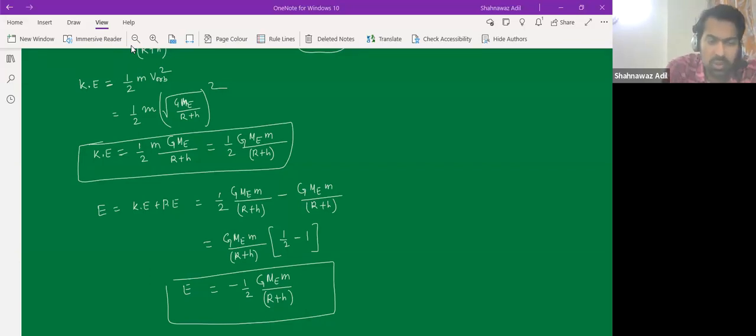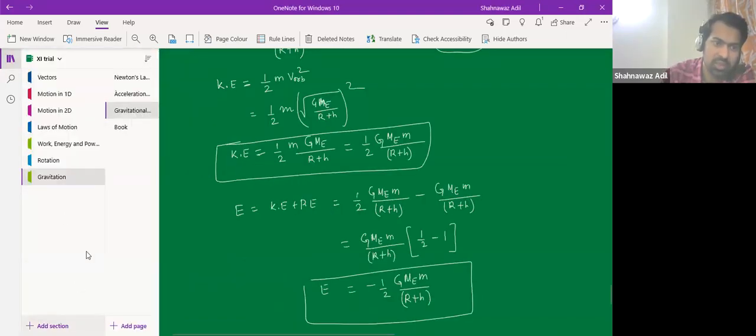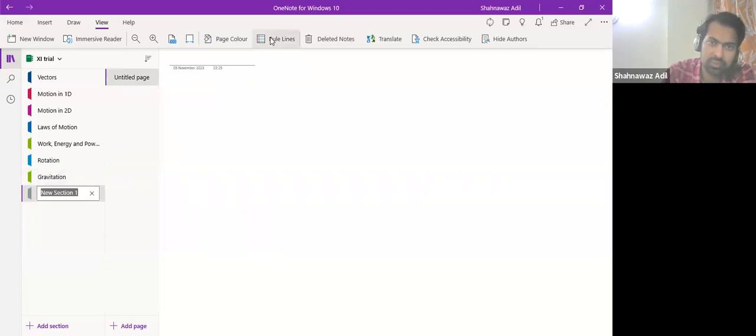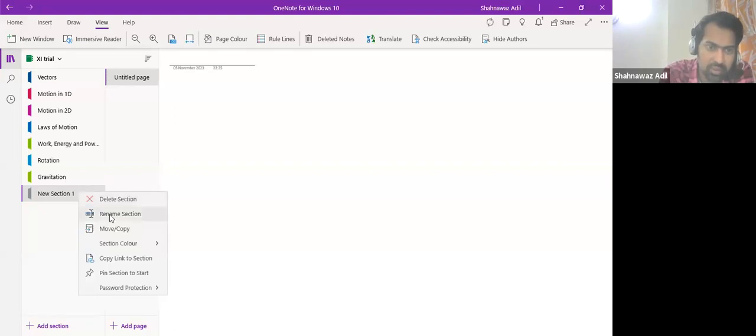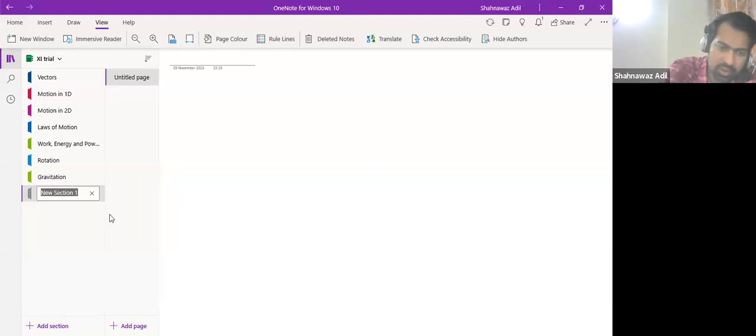This question is, you guys just revise this portion and we will do these questions in the next class. But today I will just talk about what we will study in the next chapter. The next chapter is about mechanical properties of the solid.